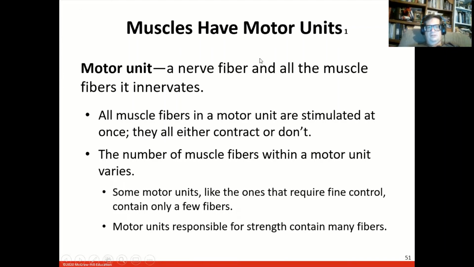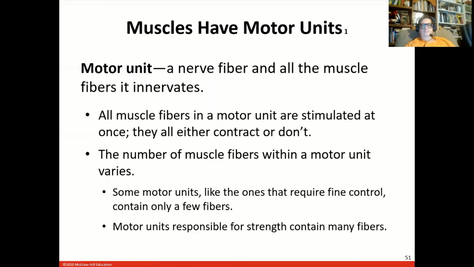All right. So muscles have motor units. A motor unit is a nerve fiber and all the muscle fibers that it innervates. That doesn't always necessarily mean it's the entire muscle. The number of muscle fibers in a motor unit can vary.